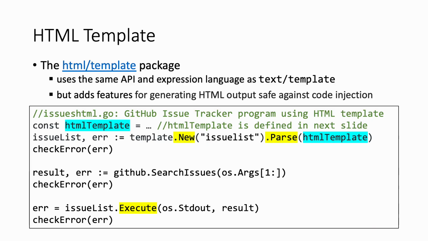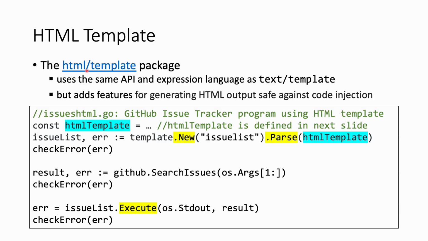In this lecture, we will write another GitHub issue tracker program but using HTML template instead of text template. The new program is issues.html.go. To implement this program, we will use the HTML/template package instead of text/template package.